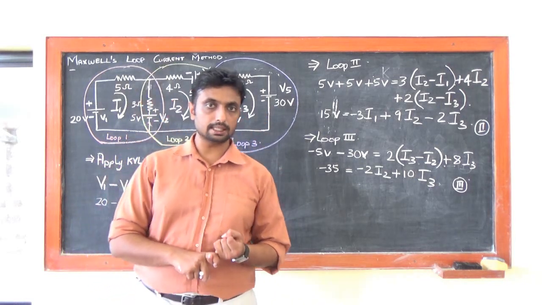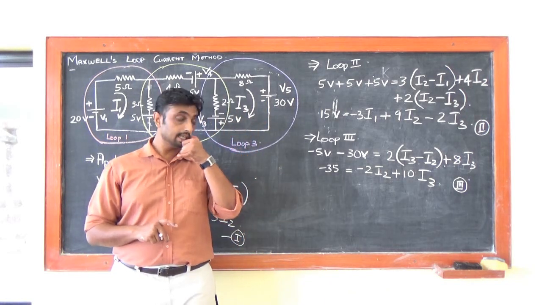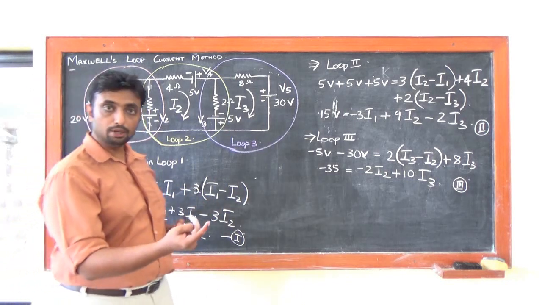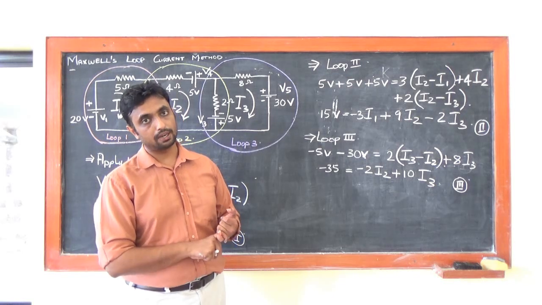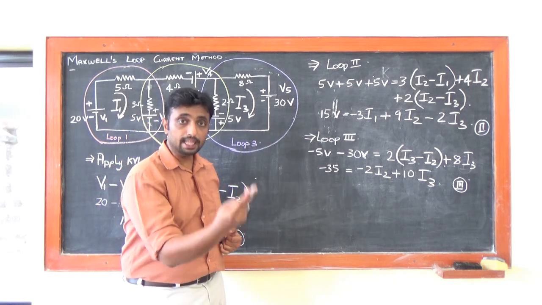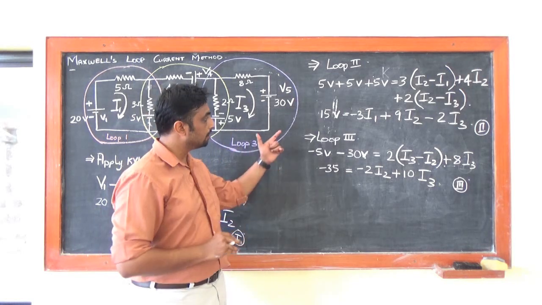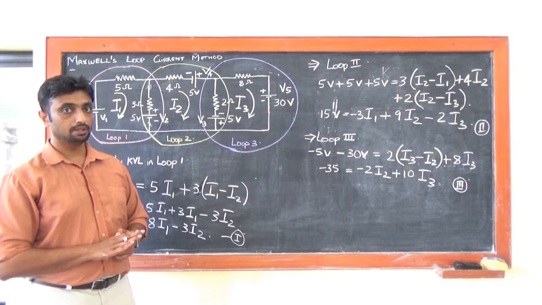But simultaneous equation can be done directly using your calculus. So if it is dealing with 2 or 3 loops, then we can use equation mode directly and find out the answer. If it is more than 3 loops, you have to use your matrix form. Today we will only be studying the equation mode, simultaneous equation mode.